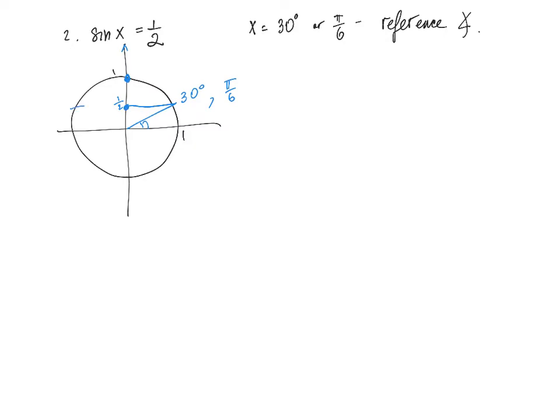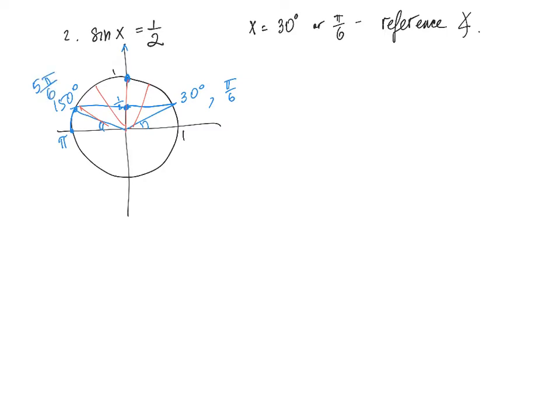So we can extend this line to the left and see where it hits the circle. And it will be 180 minus 30, which is 150 degrees. Or it will be pi minus pi over 6, or you can count 1, 2, 3, 4, 5, so 5 pi over 6.